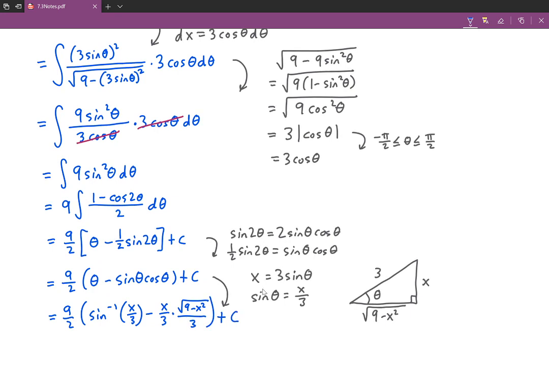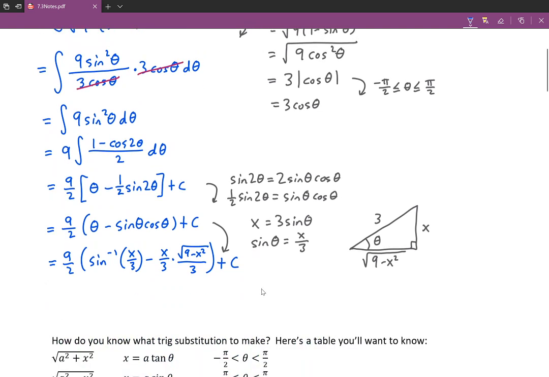And then maybe the only last thing to do here would be to clean it up. So we could maybe distribute the 9/2. So we have 9/2 inverse sine x over 3. I'll go ahead and put parentheses around this just to make sure that we know the x over 3 is inside of the inverse sine.